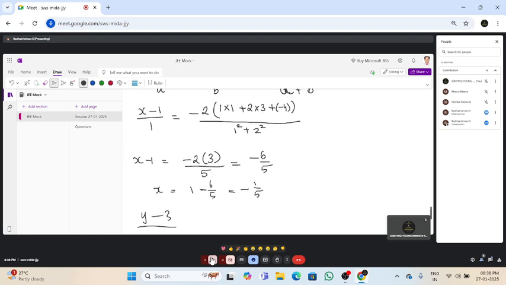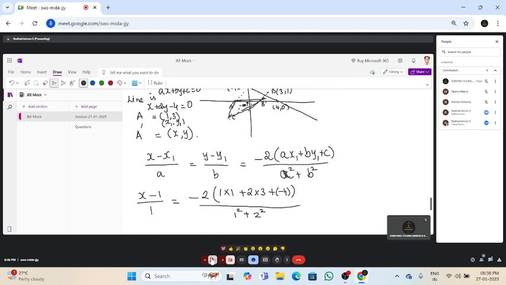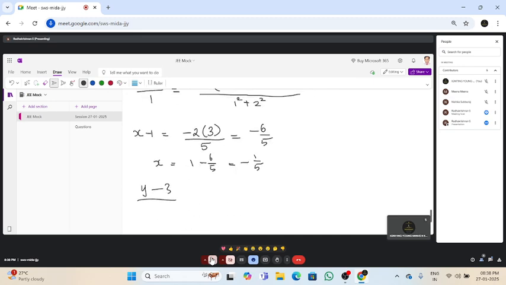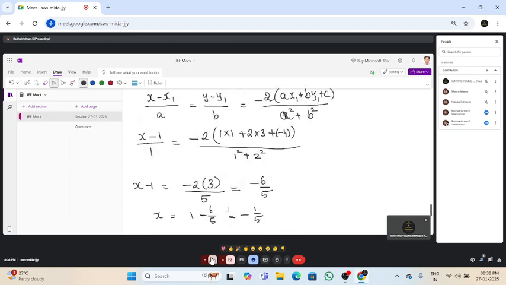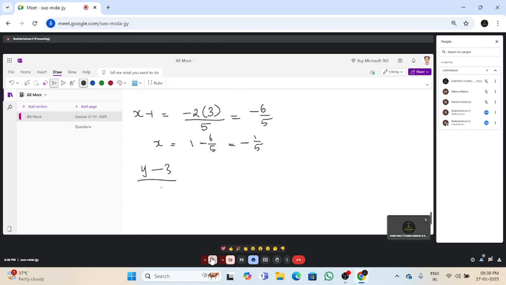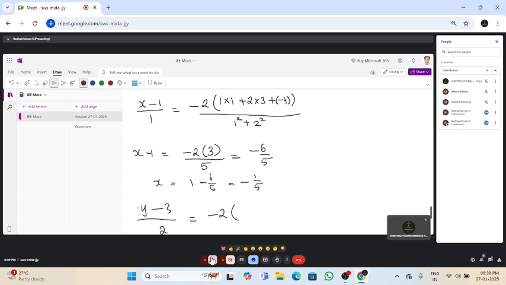So similarly for y. So y minus y1. y1 is 3, right? So you see here now, x1 is 1, y1 is 3. So y minus y1 divided by b. B is this value, 2. Equal to minus 2 into... this will be the same, ax1 plus by1 plus c, because x1, y1, a, b, c are the same here.